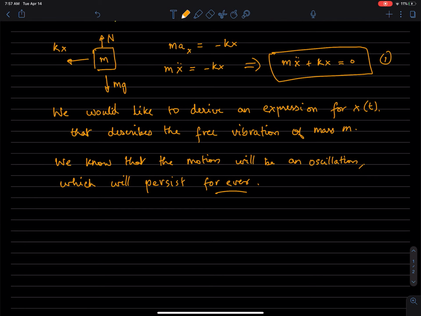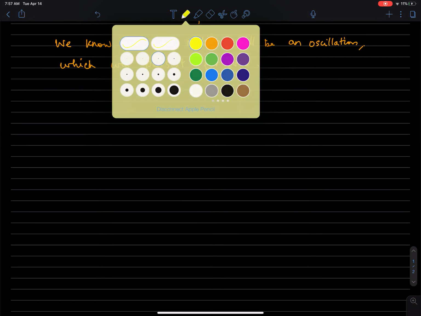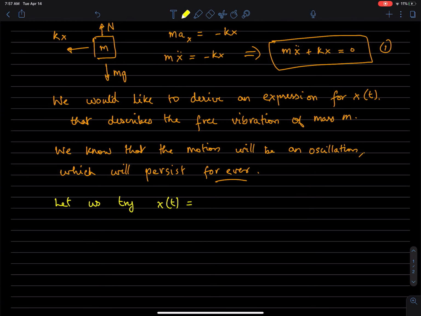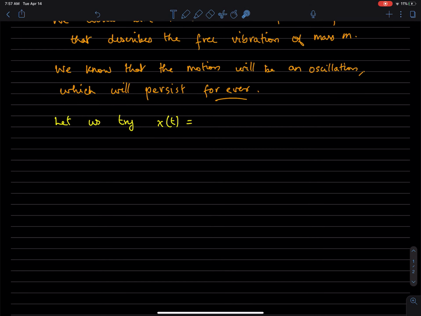Based on that, let us try x of t equals, well, oscillations kind of ring a bell. The simplest kinds of oscillatory motion that you can imagine are sines and cosines. So let's say it consists of sine something and cosine something.